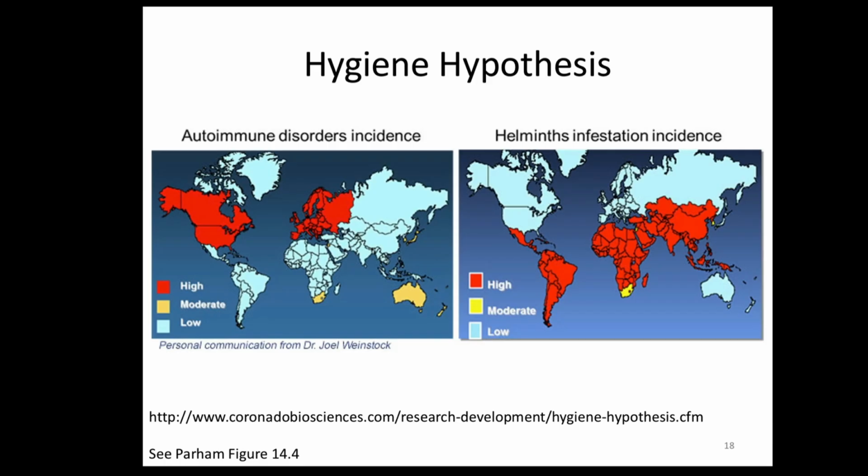And so this was an idea that some immunologists came up with called the hygiene hypothesis. There is a lot of epidemiological evidence. In a class I teach, we talk about the hygiene hypothesis and things that are statistically associated with having allergies or not.